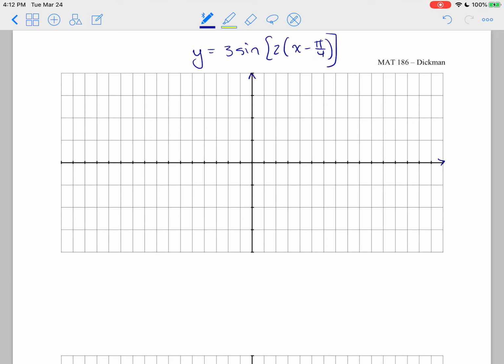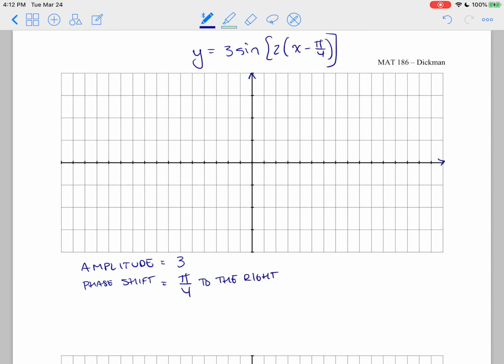And before I create my scale, I'm going to just set up the information. So in this case, the amplitude is just 3. The phase shift is pi over 4 to the right.